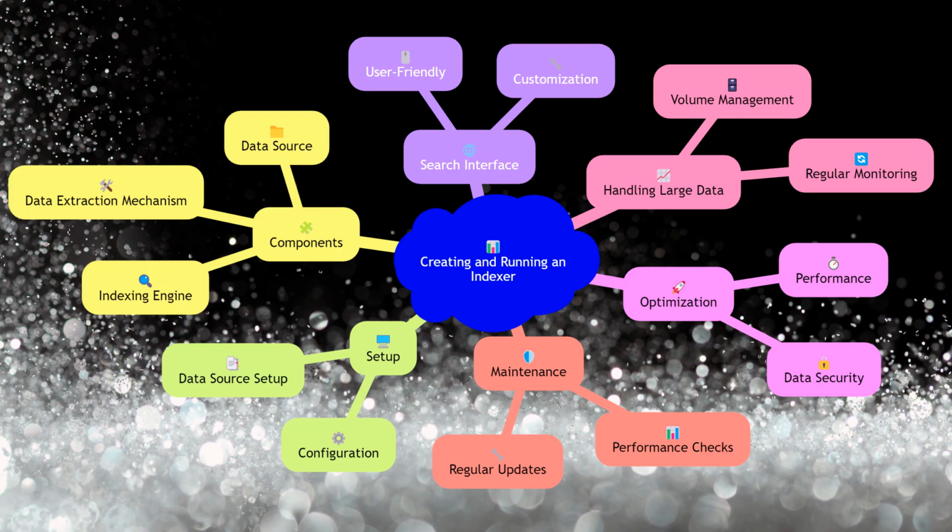Additionally, by implementing measures to ensure data security, handling large data volumes, and regularly monitoring and maintaining the indexer, you can ensure its long-term performance and reliability. With the right approach and techniques, an indexer can significantly improve the efficiency and accuracy of data management and retrieval.